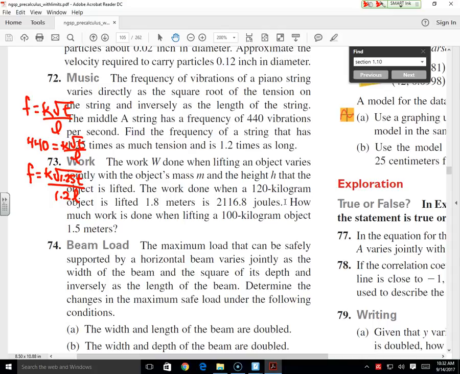Hold on, I'm missing 1, 2, 3, 4 variables. How am I going to solve with only 2 equations? Like, how are you going to plug it in? Can I rewrite and say this little equation is the same thing as square root of 1.25 times K square root T all over 1.2 times L?